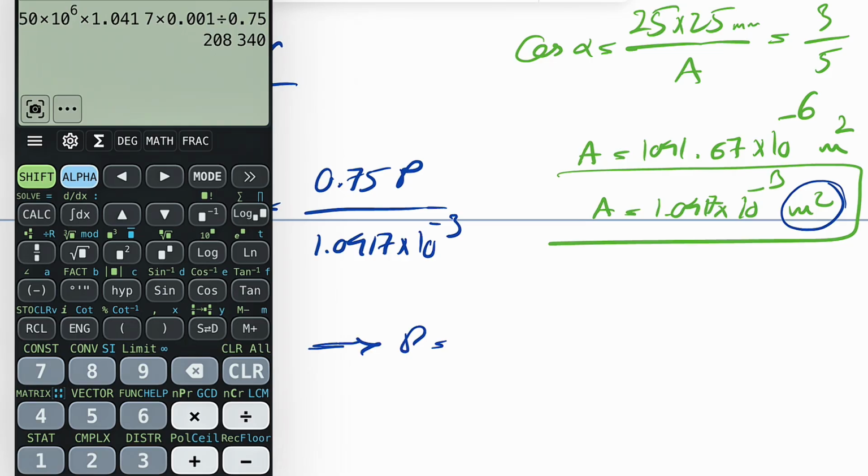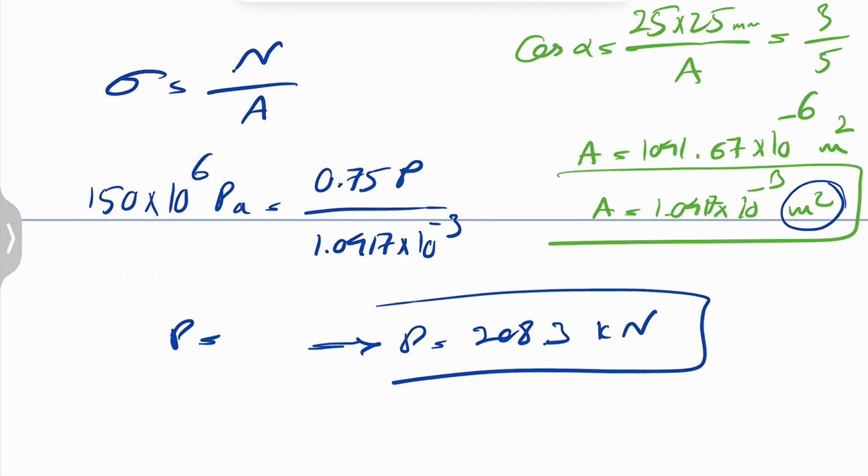So the force P will be 208,340 newtons, or 208.3 kilonewtons. And if you want to report it in 3 sig figs, we can just go with 208.